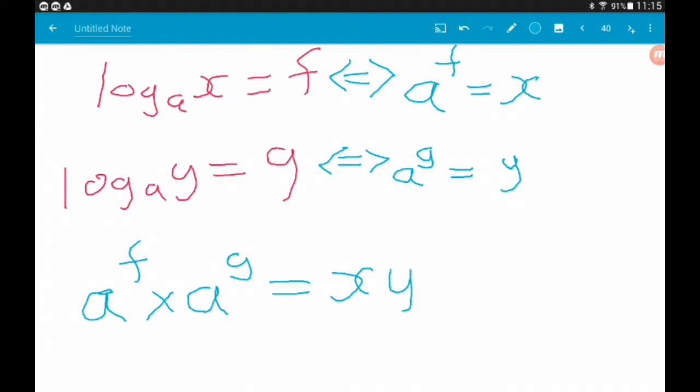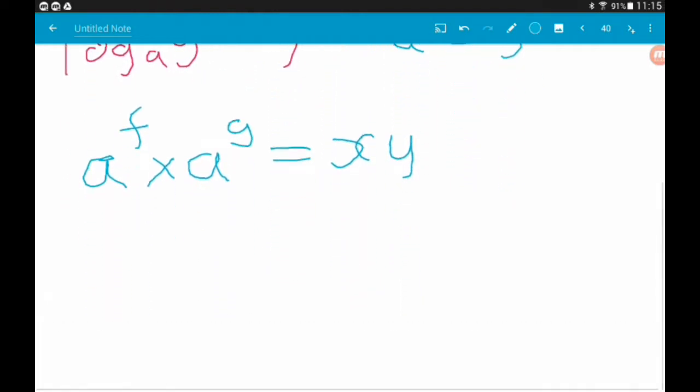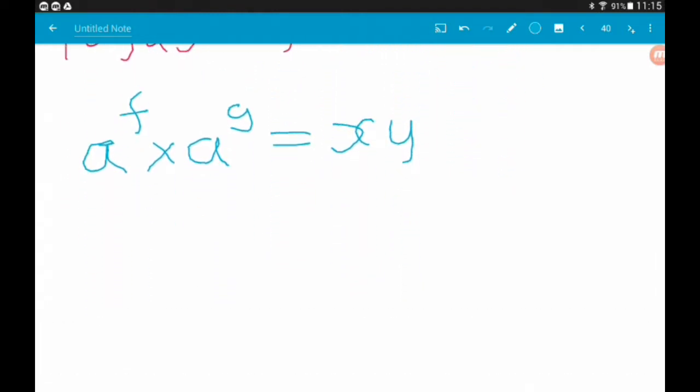Now using our rules of indices, we can combine the left hand side to one single a term. So we can say this is a to the f plus g, which is equal to x times y.